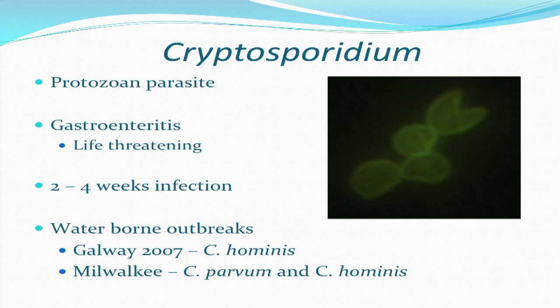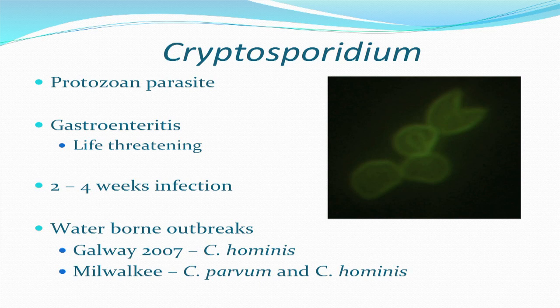The parasite mainly that we're looking at is Cryptosporidium. I'm sure you've all heard of that somewhere. Cryptosporidium is a protozoan parasite. When it enters the host, it results in a condition or gastroenteritis known as cryptosporidiosis. Cryptosporidiosis has a 2 to 4 week incubation period inside the host, after which there's usually a 2 to 4 week infection.